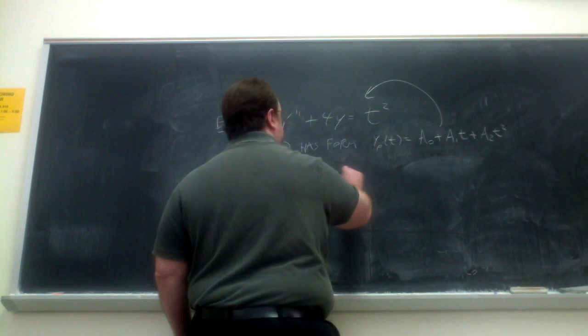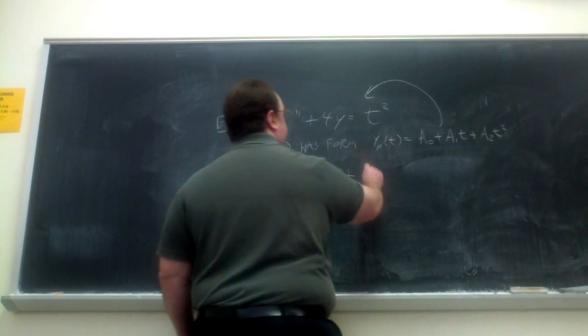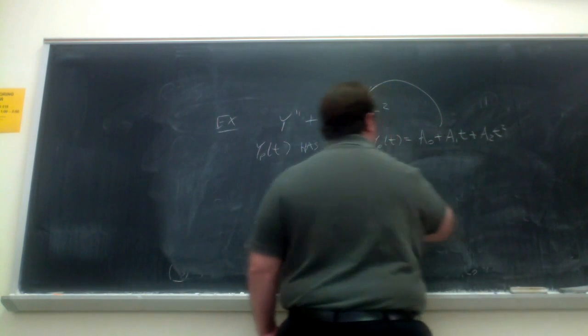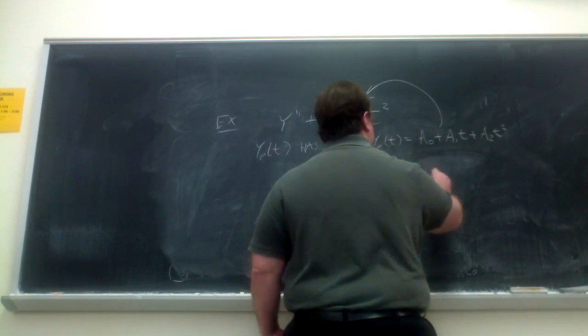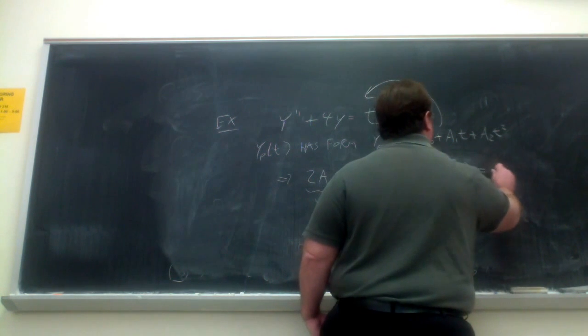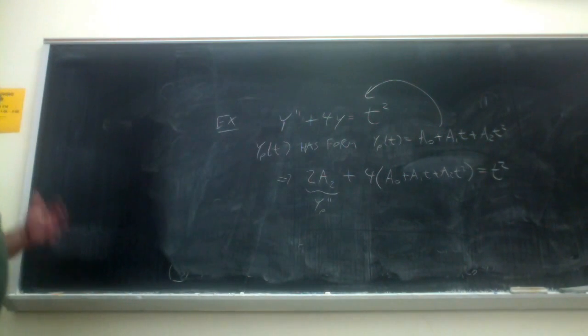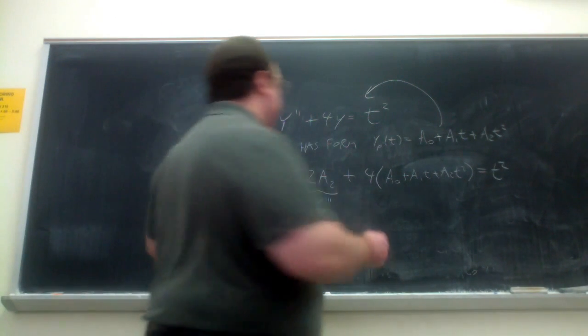2a2, that's y_p'', and then plus 4 times all of this. And that must equal t squared. So what you do is you play a matching game. You combine like terms.